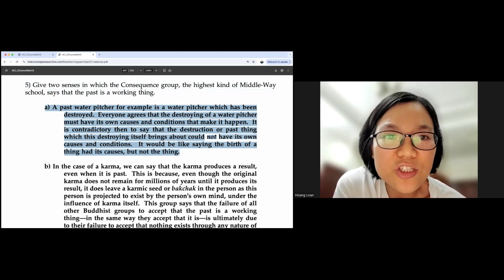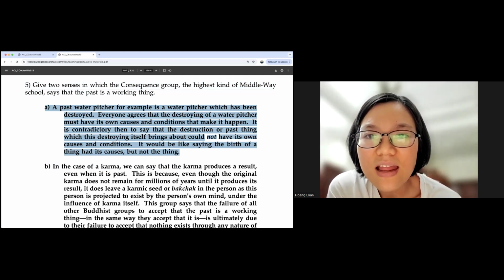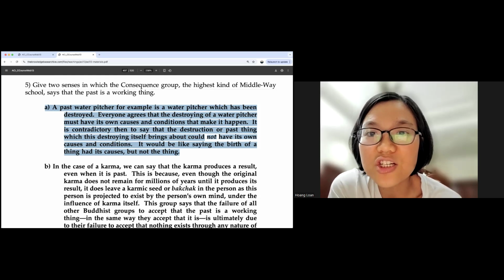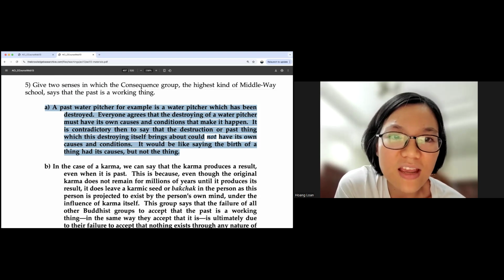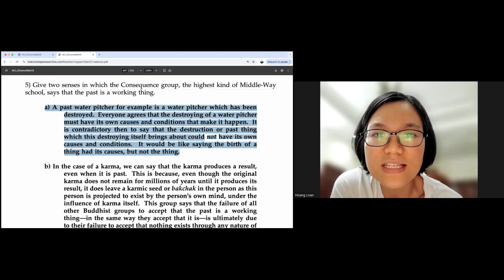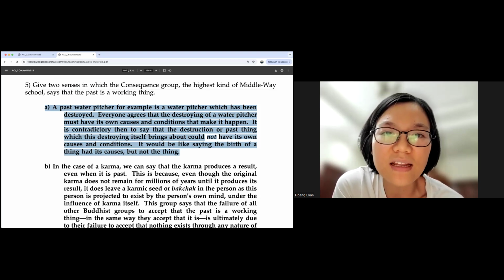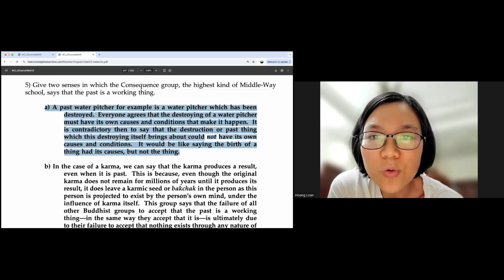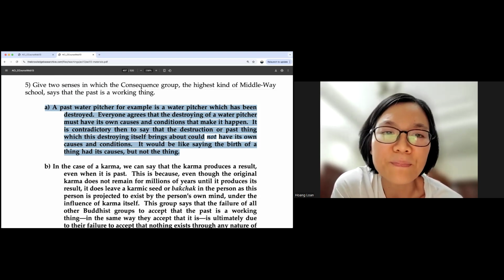It is contradictory then to say that the destruction, or past thing, which the destroying itself brought about, could not have its own causes and conditions. It would be like saying the birth of a thing had its causes, but not the thing.